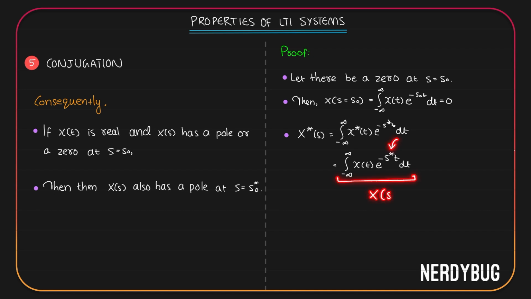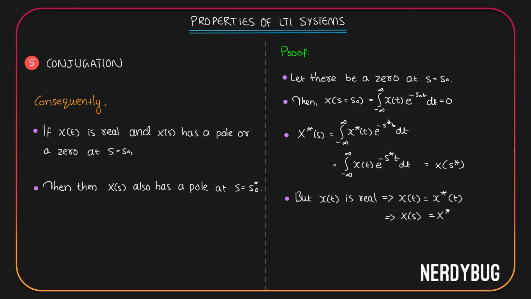So this is equal to x of s conjugate. Now we know again x of t is a real function, so x of t is going to be equal to x conjugate of t. That means their Laplace transforms also will be equal. X of s should be equal to x conjugate of s.